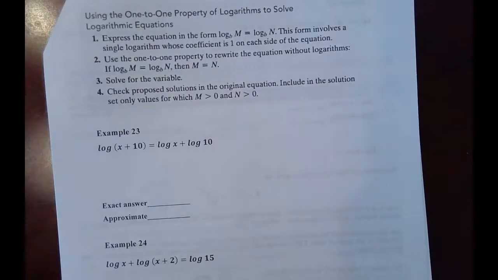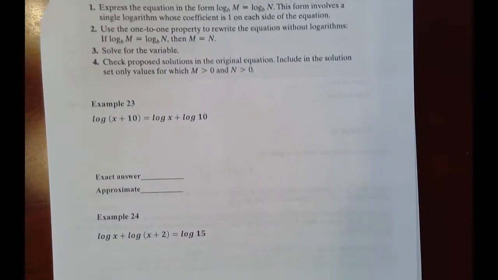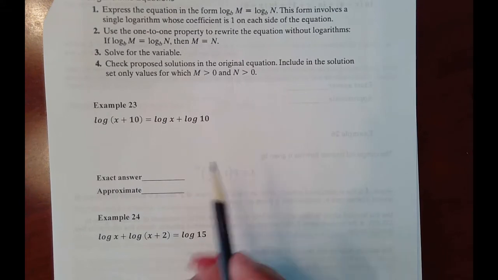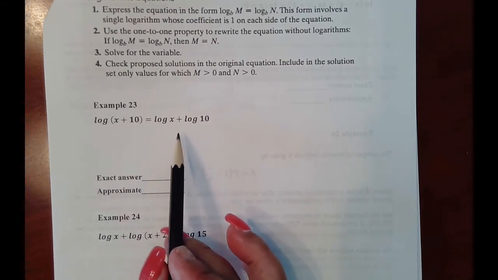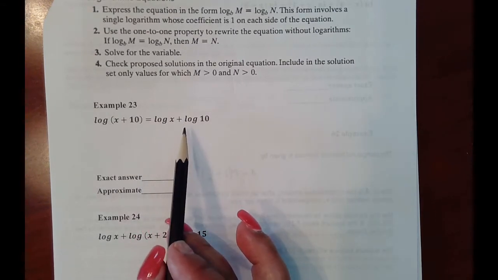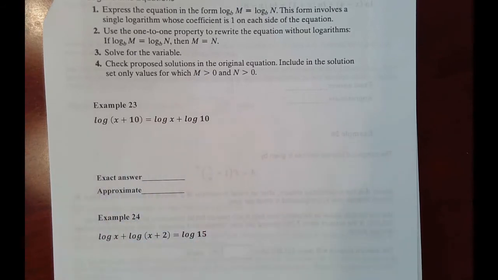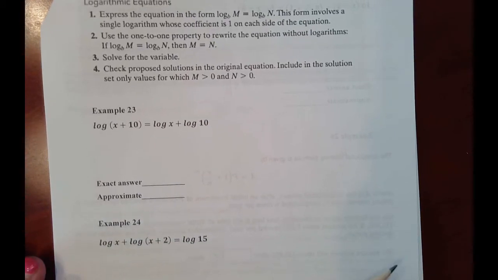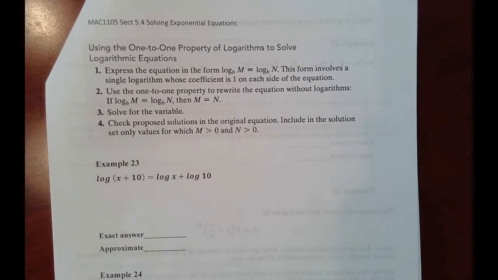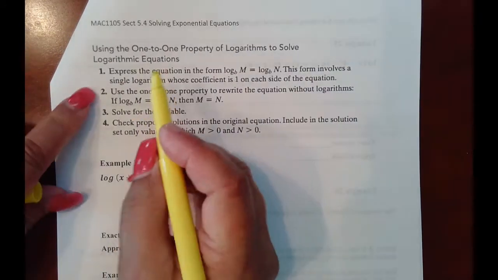So now we're going to be looking for a different way to do these, because even if you combine these two and have a single log over here, you still have a log on both sides, which means you cannot use the technique we just did in numbers 13 through 22, where we were able to rewrite the single log. Once you get into this situation, you're going to be taking a look at this property right here.